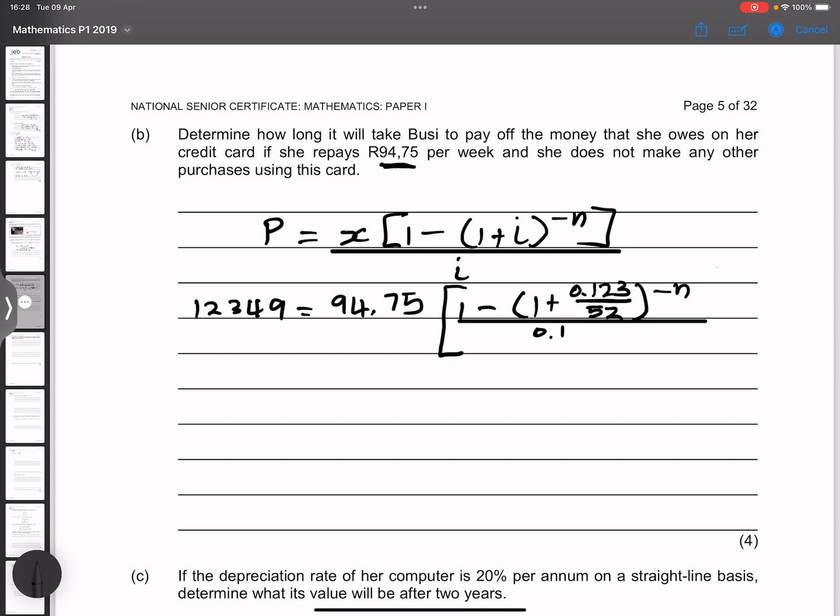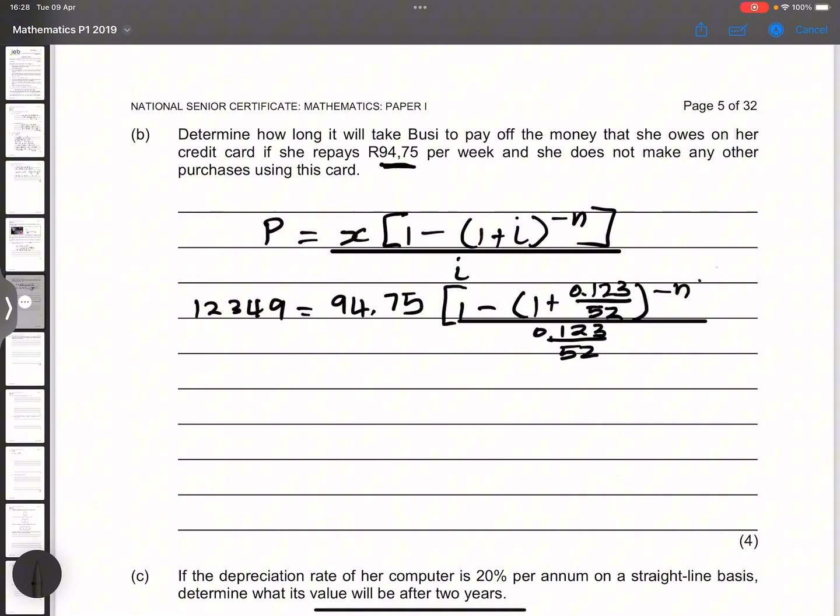If you want the number of years, you're going to divide by 52. So this is 0.123 divided by 52.